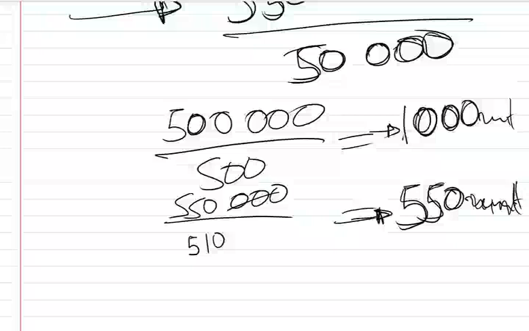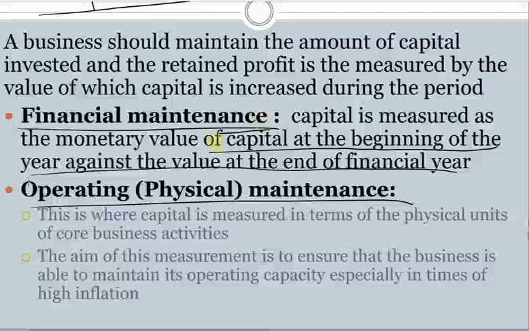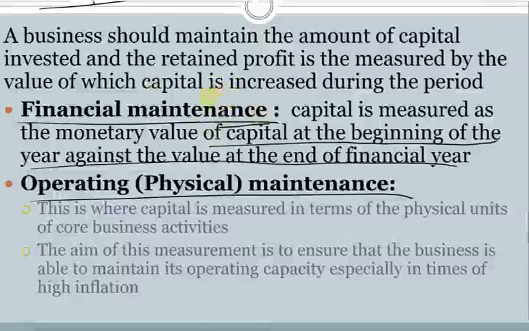I can produce 1,078. So I have still maintained in terms of physical units, because I produced 1,000 and I've maintained it, and also increased by 78 units more. So that's to do with capital maintenance. For a company to continue, you need to be able to maintain your capital. Otherwise, you are going to close down if you're not able to maintain your capital.